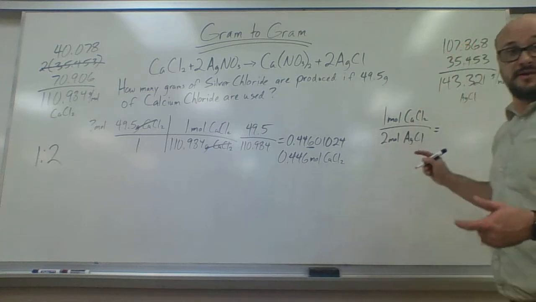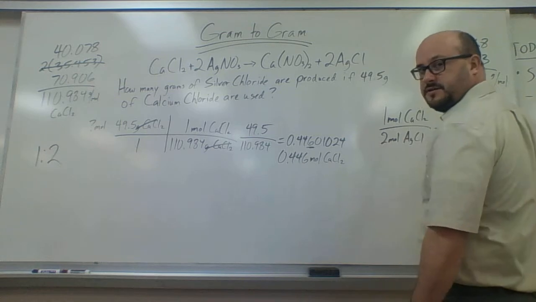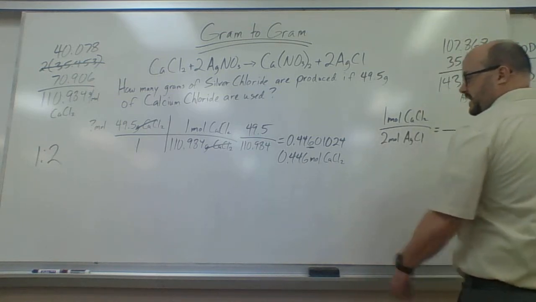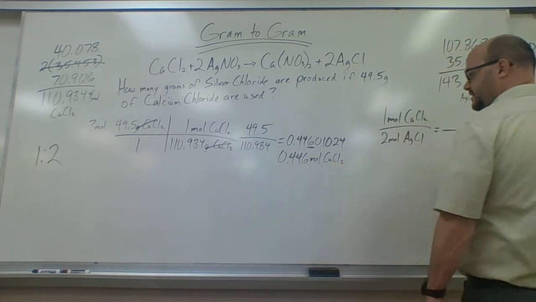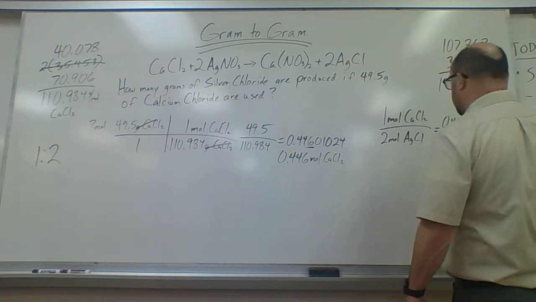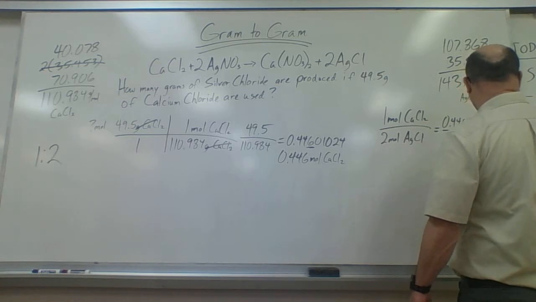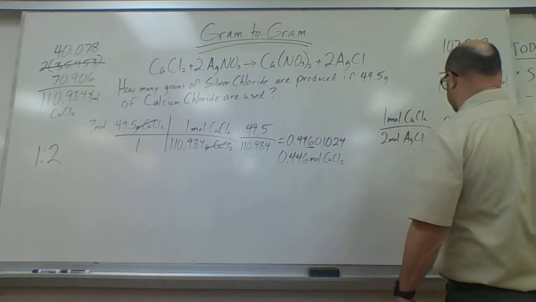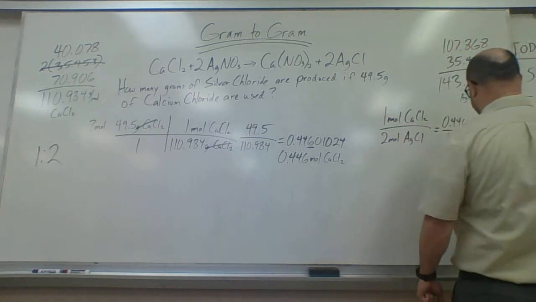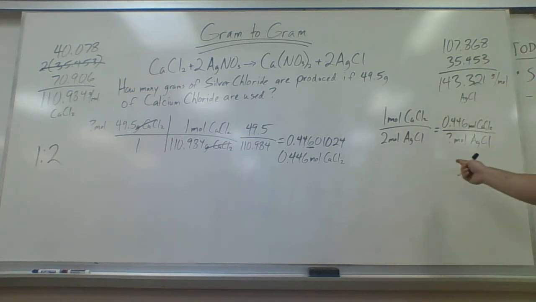Set up your proportion like we did on the mole to mole video. And now we're going to have moles of CaCl2 on top and moles of AgCl on the bottom. Now we came up with 0.446 moles of CaCl2. So 0.446 moles of CaCl2 per question mark moles of AgCl. So now you can see that proportion set up.